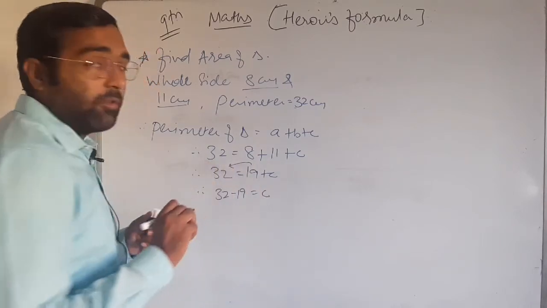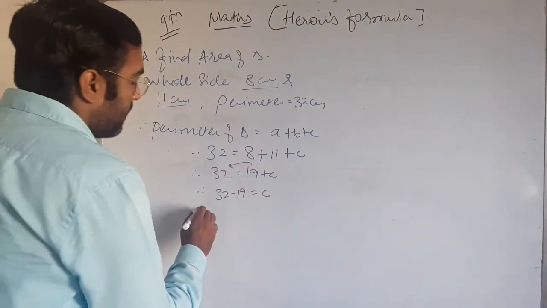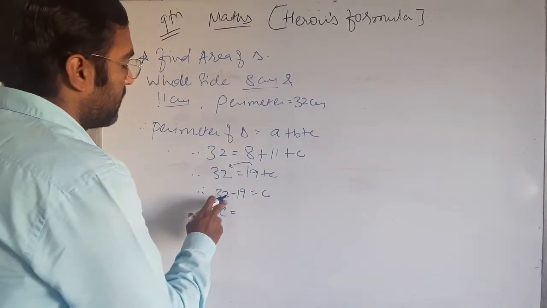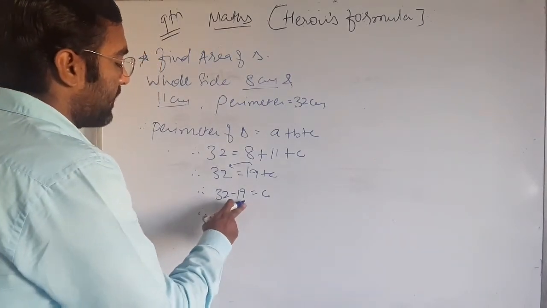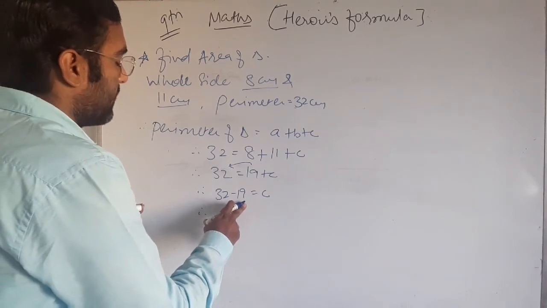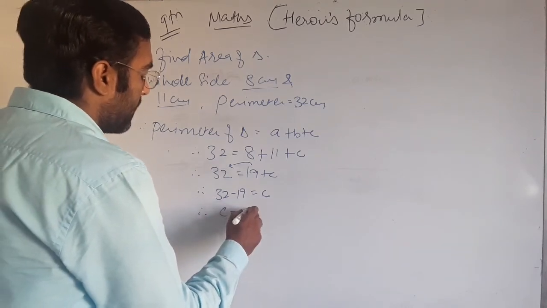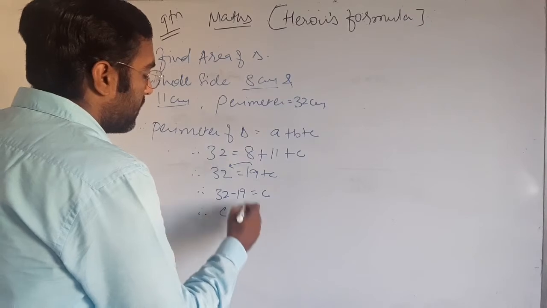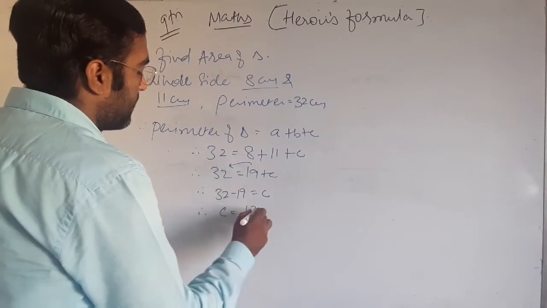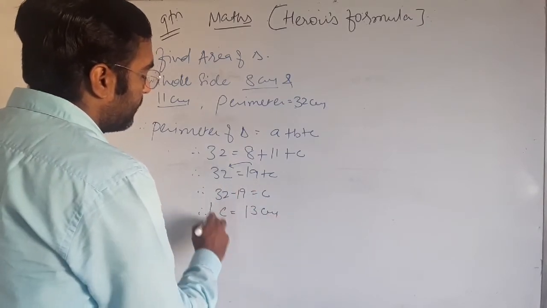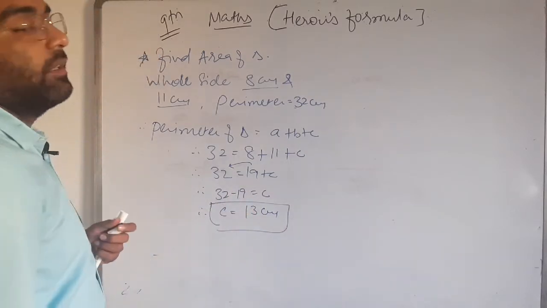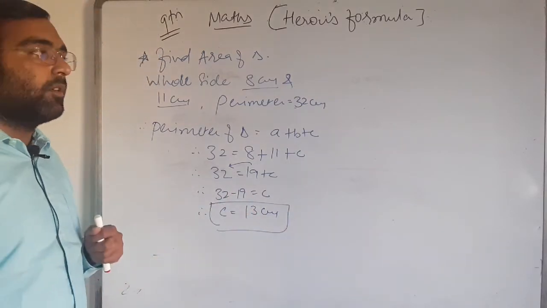We shifted 19 to the other side. So c, the third side of the triangle, is 13 centimeter.